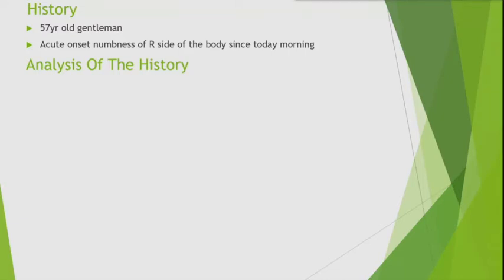In the sensory system examination, there are positive symptoms and negative symptoms. Would you like to comment on that? In case of stroke, negative symptoms like numbness will be more.